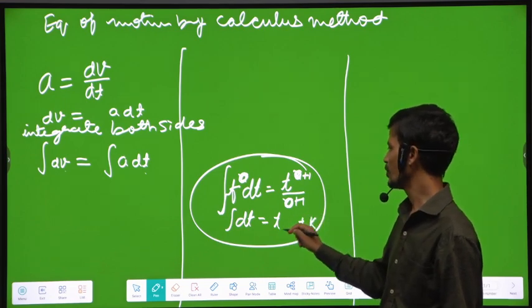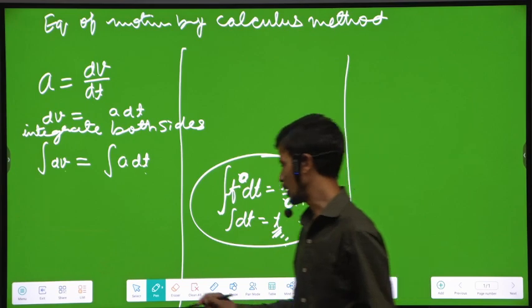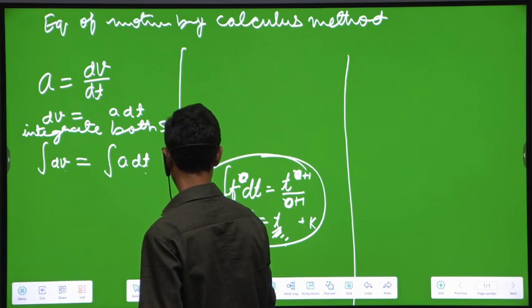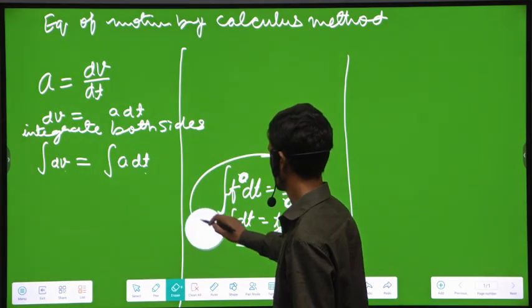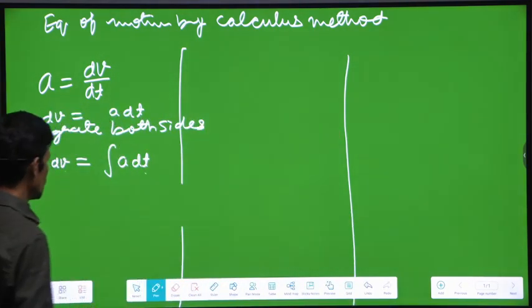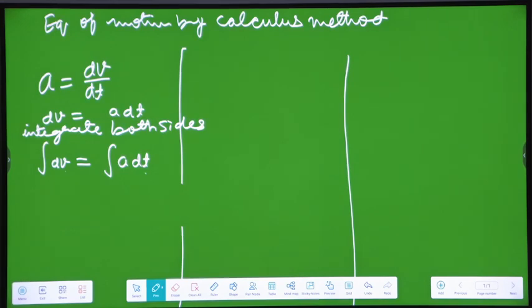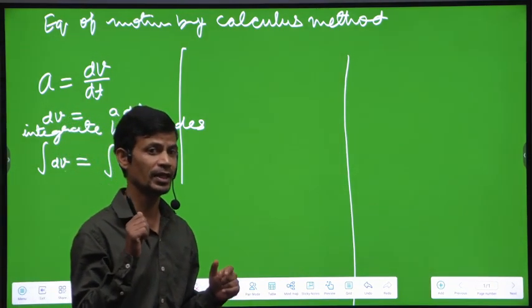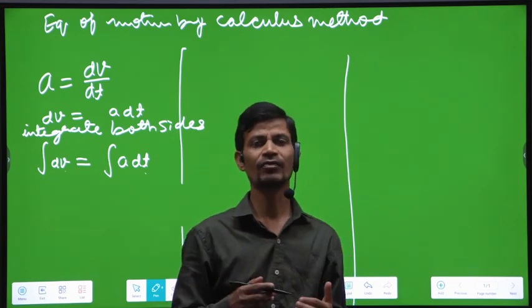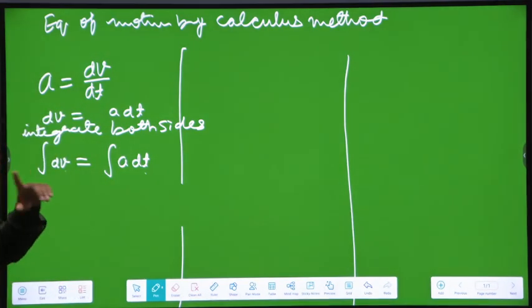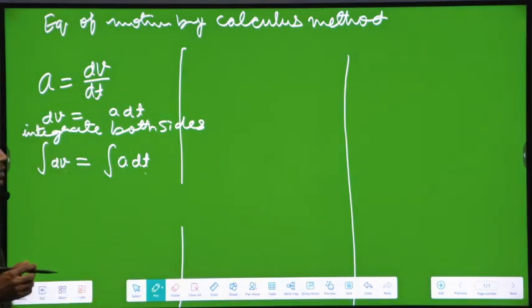Yes, of course, but we are more interested in this. Now why I'm not bothering about the constant, because I'm going to take limits, and as I told you, when we take limits of integration, then there's no need for that constant to be put after integration.